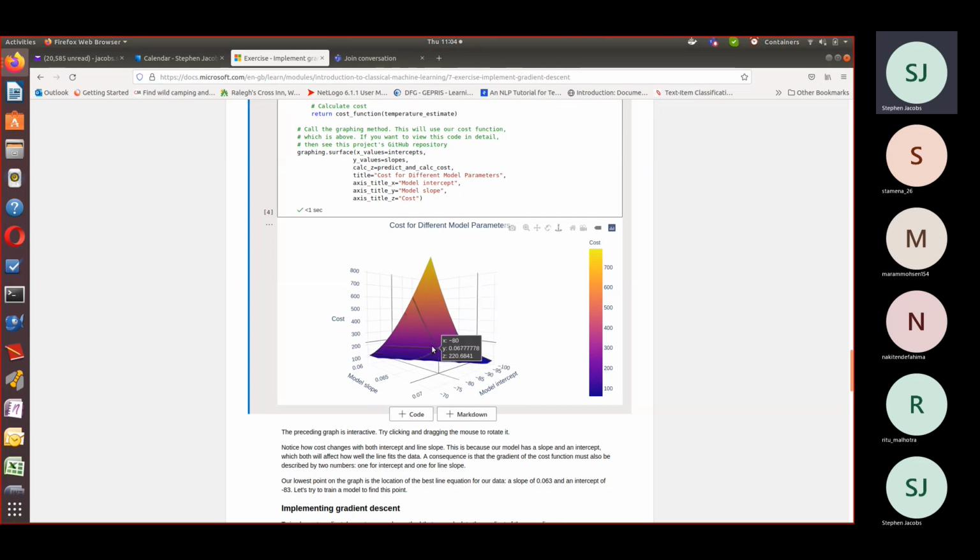So that's why it is a surface plot, because the thing we're interested in, which is our cost, which we want to find as a minimum, is dependent upon which slope the model uses as against which intercept. So there could be several points where that is a minimum cost. Let's try and find the minimum cost.